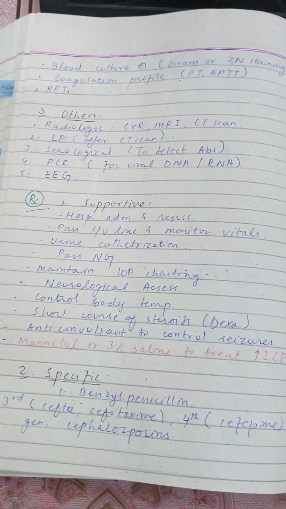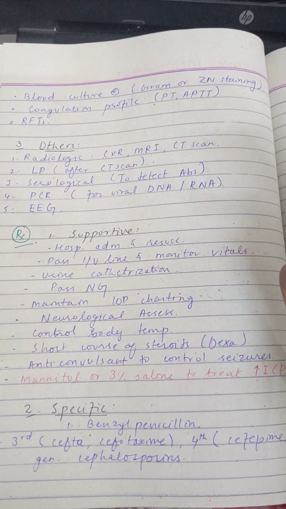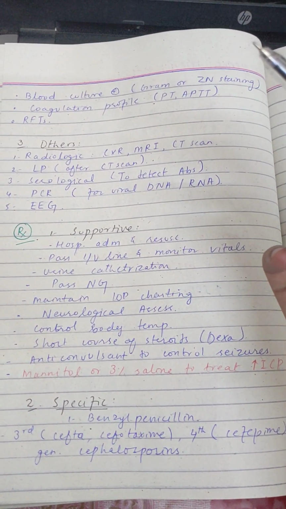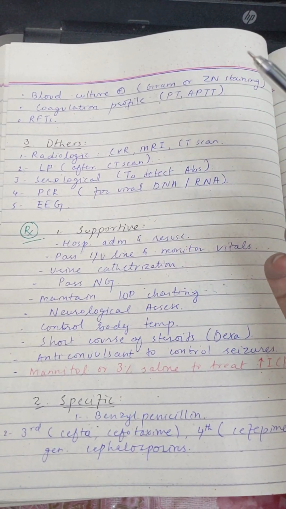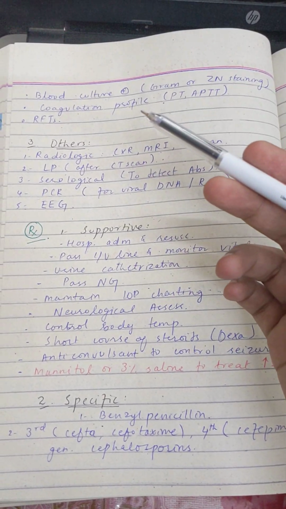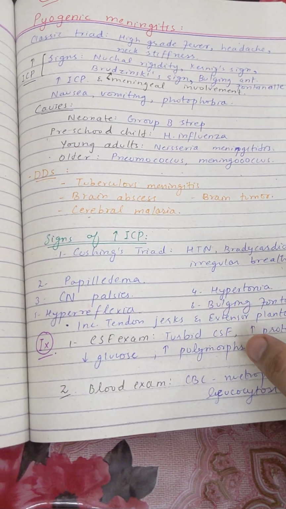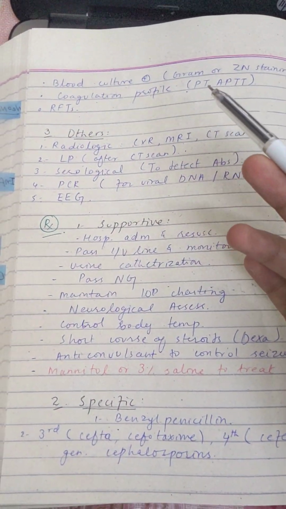Next, we'll also do the blood culture, which will be positive for the organism causing the meningitis, which can be a bacterium or a TB organism. So we'll do Gram staining and ZN staining. We'll also do the coagulation profile, PT, APTT, and RFTs. So these are the important investigations in a child with bacterial meningitis: CSF examination, blood culture, RFTs, and coagulation profile.